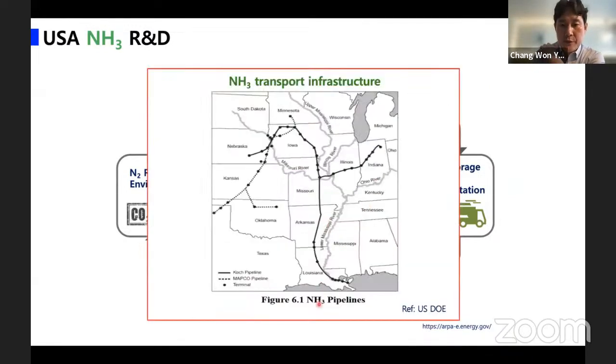And if you look at this map, the United States already has ammonia transport infrastructure shown here, from Louisiana to Minnesota and Indiana to Nebraska. So there is a solid ammonia transport infrastructure, so you can take ammonia on demand.